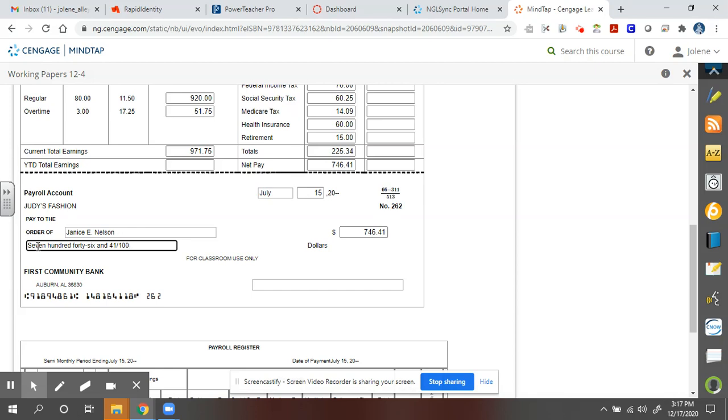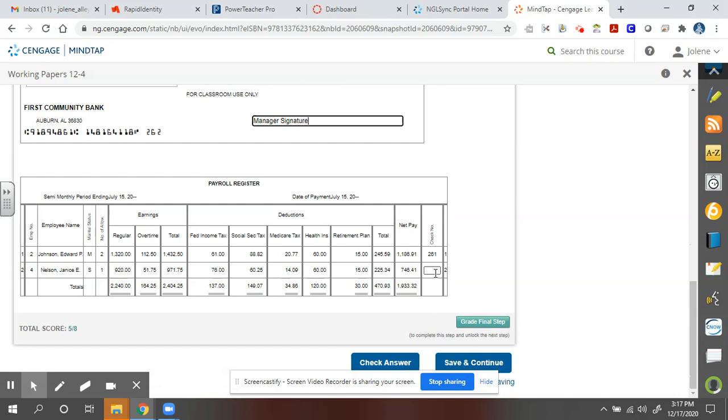Manager signature. And this is check number 262. So let's go ahead and write that in here. 262. Now we're done with the payroll register, right?